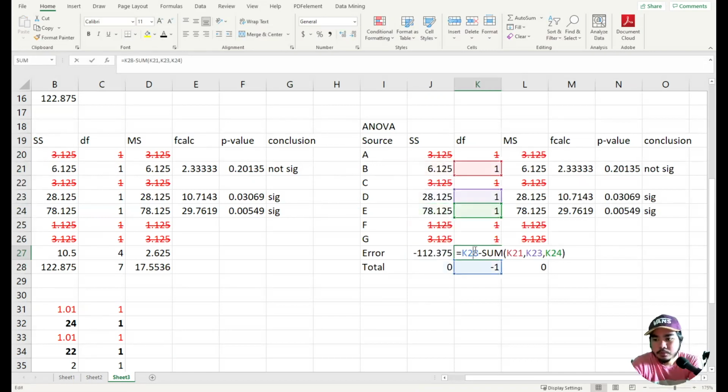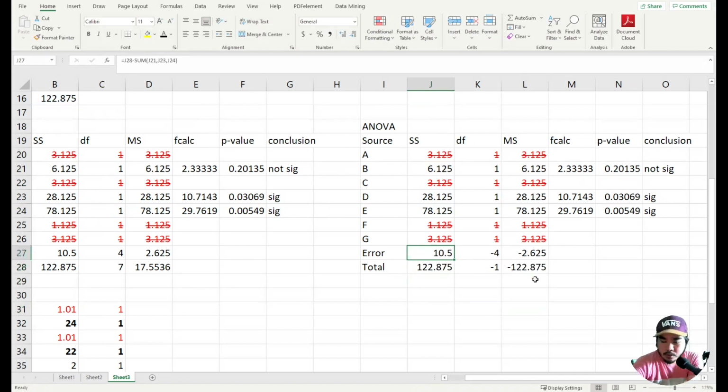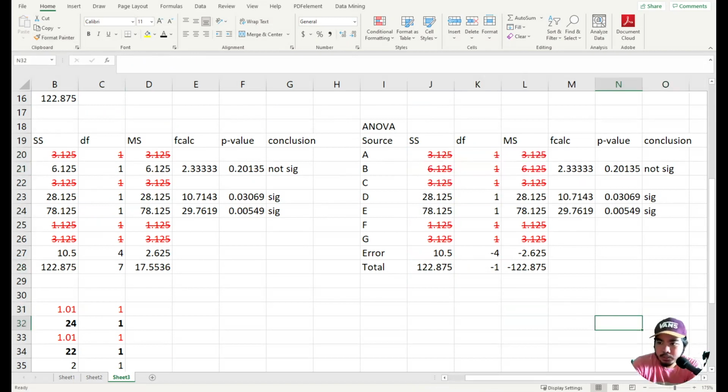Total. Equal natin dito. Okay, so check lang natin kung if we pool 6.125. So let's just say na pinool natin siya. What would happen?